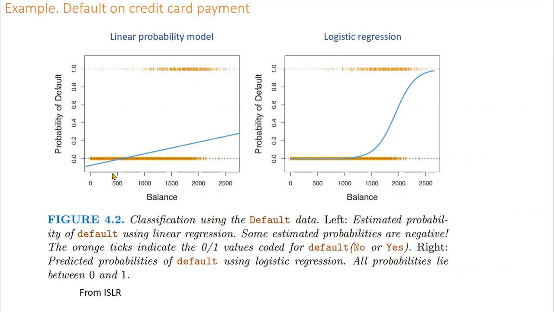For lower balances, people are not defaulting, but at higher balances there are defaults, and there is some region of overlap, where around 1,500 some people don't default and some default. Then as your balance increases, the no defaults start to fade out and defaults increase, as you can see by the intensity of the dots.